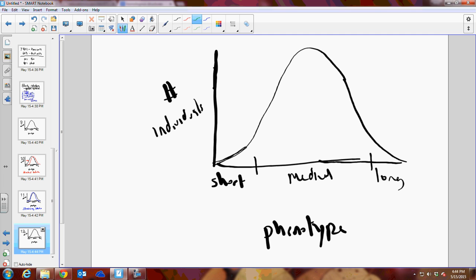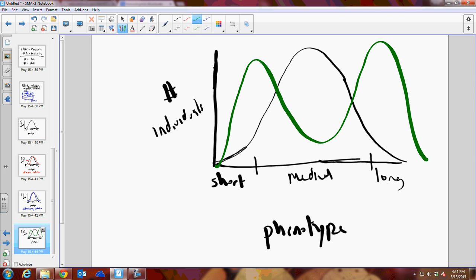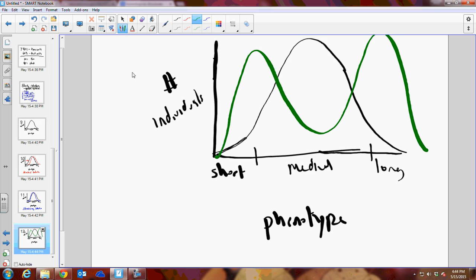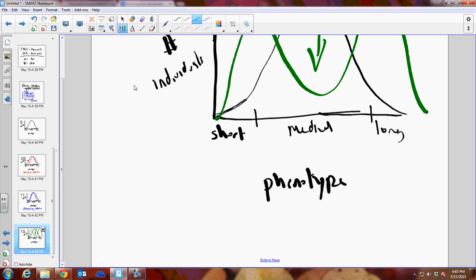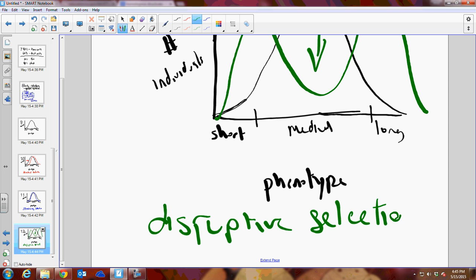Well, what would we expect to happen in a population like that? Short-legged chickens are going to survive. So are long-legged chickens. But medium-legged chickens are not going to make it because they're all being taken home and eaten. And so the middle has been disrupted, and this is called disruptive selection.